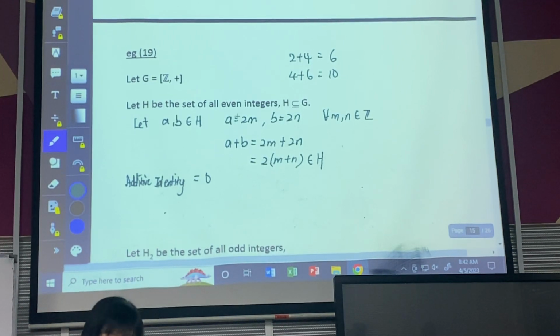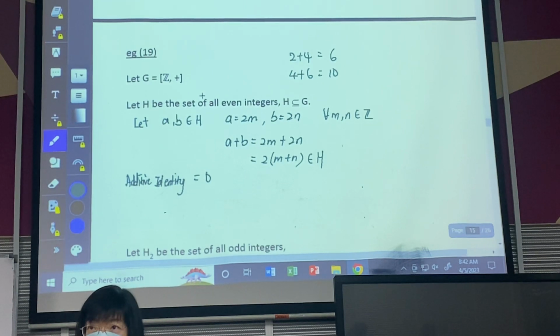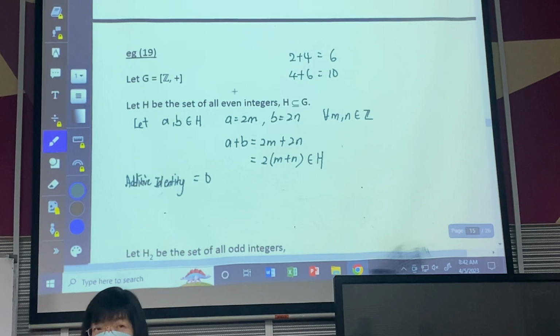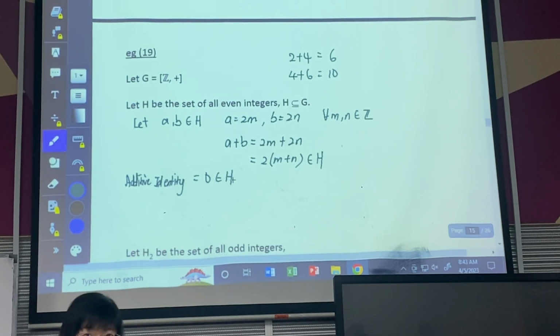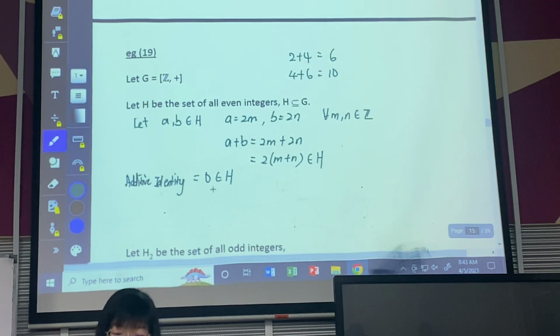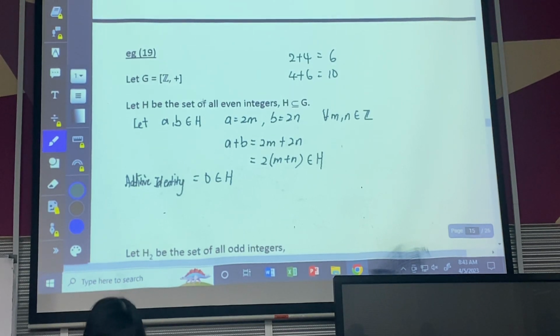Is 0 in the set H? Yes or no? Is 0 an even number? Can 0 be divided by 2? Can. Okay, so 0 belongs to the even numbers. You must make sure the identity you found must also be from the set given. So 0 is also an even integer.